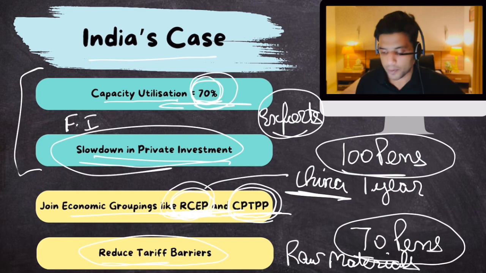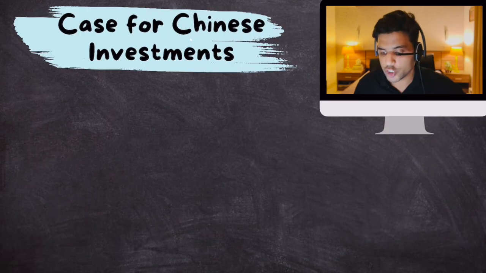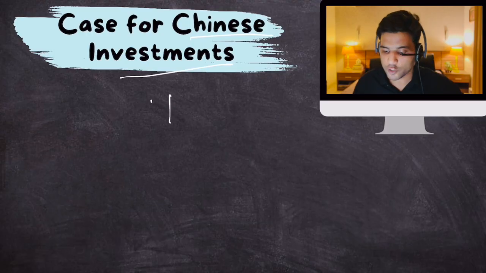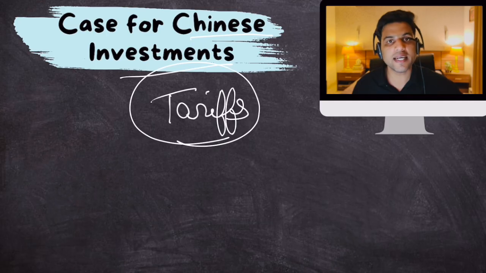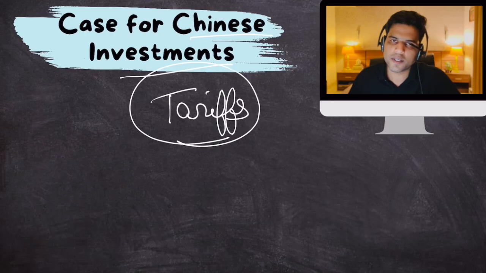Now, some people are making a case for encouraging Chinese investments into India because USA is imposing tariffs on China. Many Chinese companies are setting up their factories outside China. So they have a pile of money and they're ready to invest in different countries. Right? Now, India can be that country where Chinese investment can come to India. India will get this much needed foreign investment.